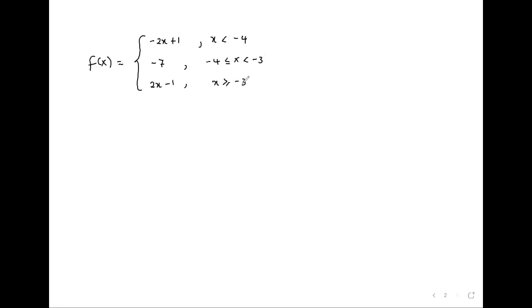So when it comes to sketching, we are sketching this function now, which looks easy now.